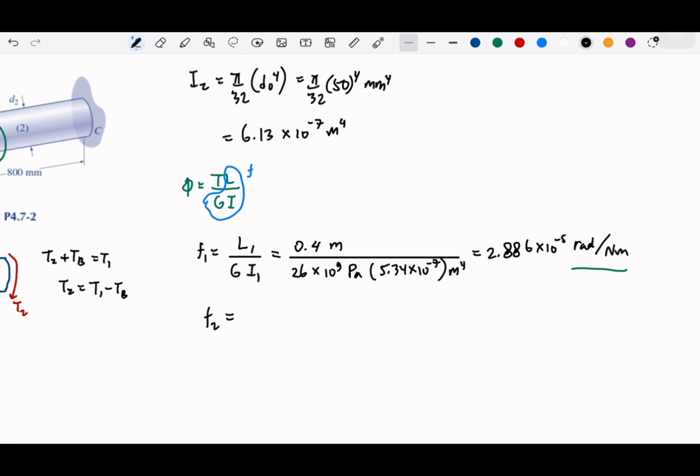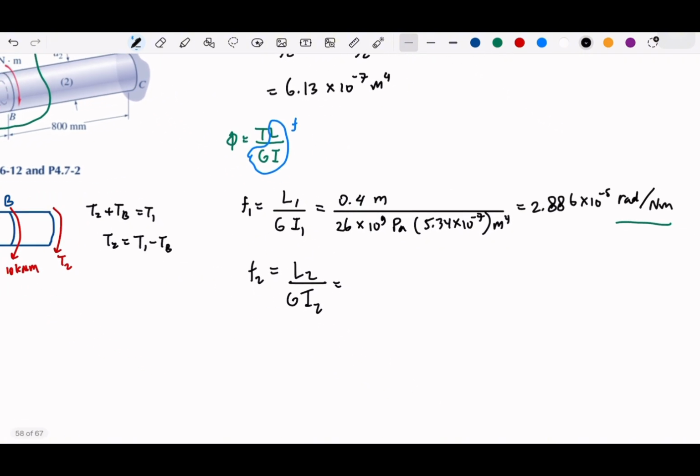And we can do the same thing with L2. This will be 0.8. Same modulus. And then this will be 6.